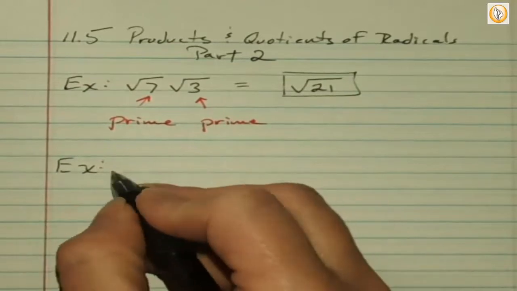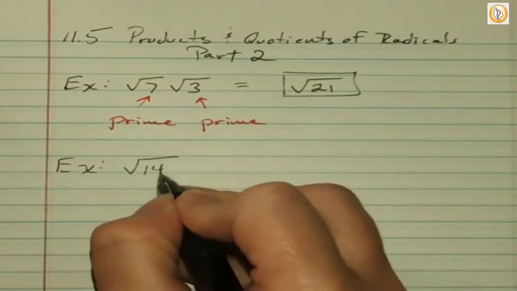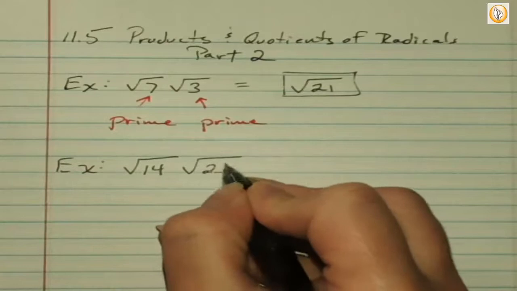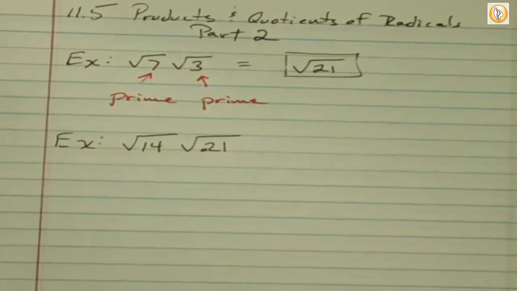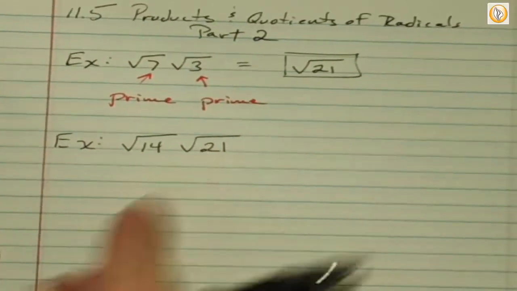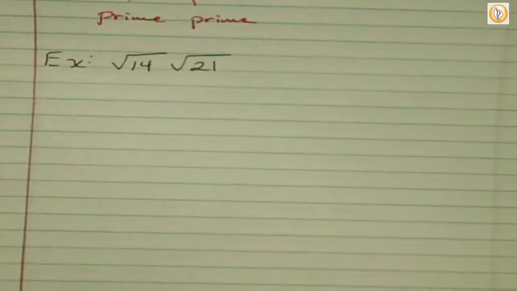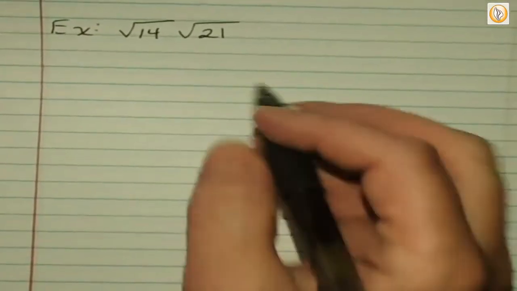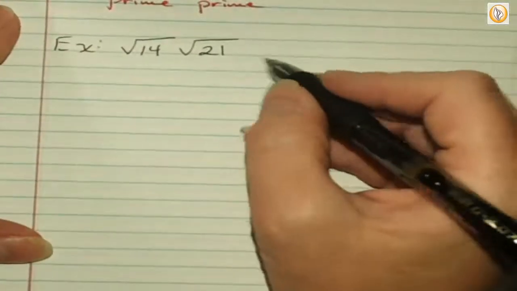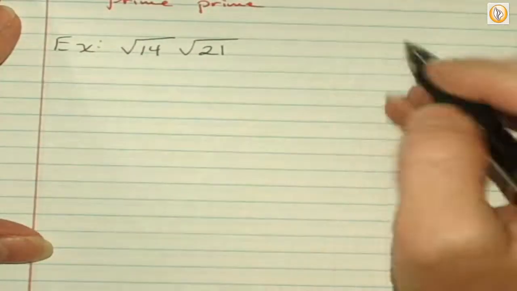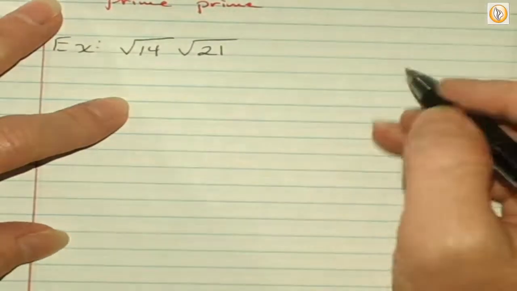Let's say we have the square root of 14 times the square root of 21. Now, neither one of these are prime, correct? Okay, so what you do is we're going to want to do the factor tree of both.